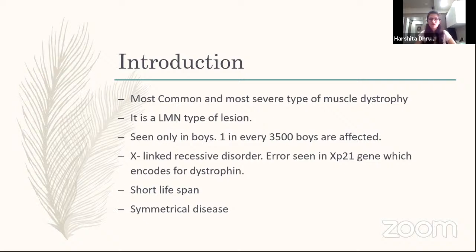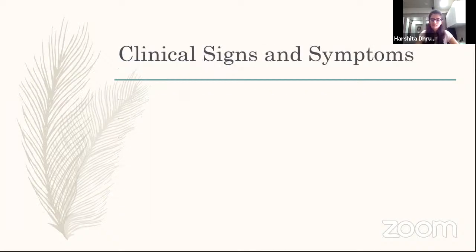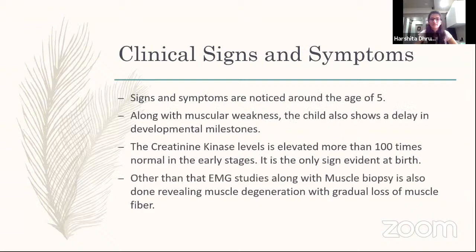The weakness of the muscle starts proximally. It is a symmetrical disease, so both sides are affected equally. These children have a very short lifespan of roughly 20-25 years, and they stop ambulating around 10 to 12 years of age. What are the clinical signs and symptoms that we see in a patient of DMD?